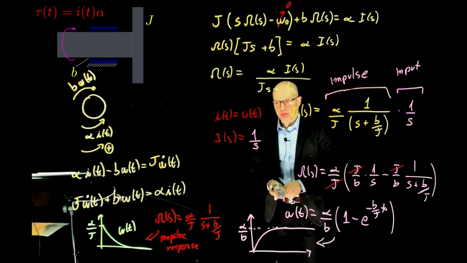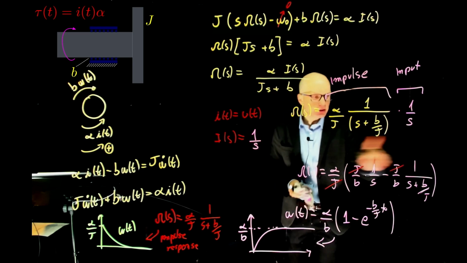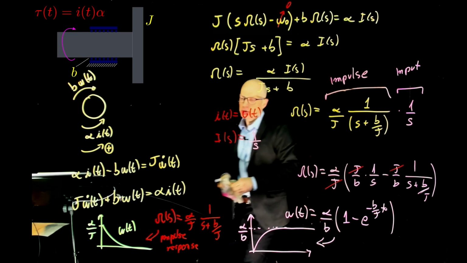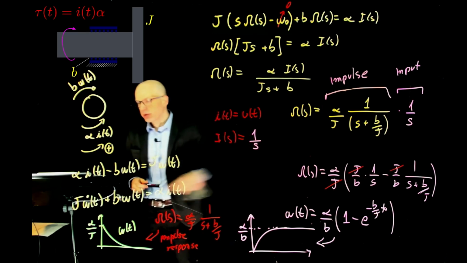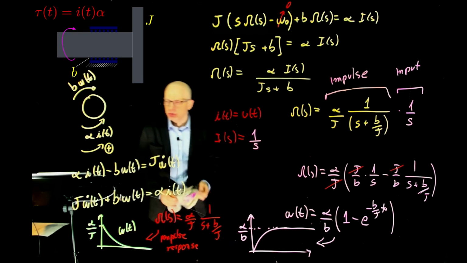That's exactly what we did before. By simply multiplying these two things, we are taking the convolution of them. Right? So you could have solved this using a graphic approach as well.